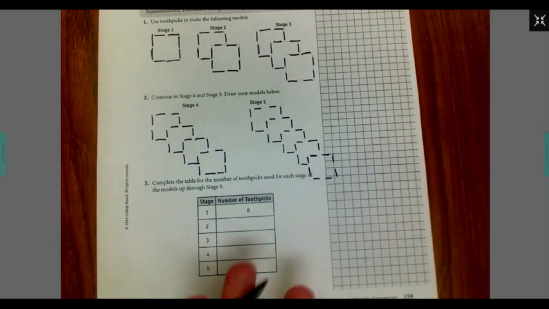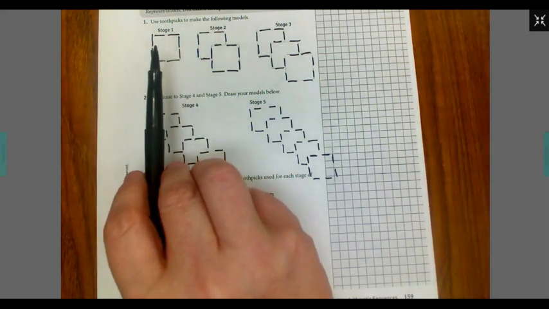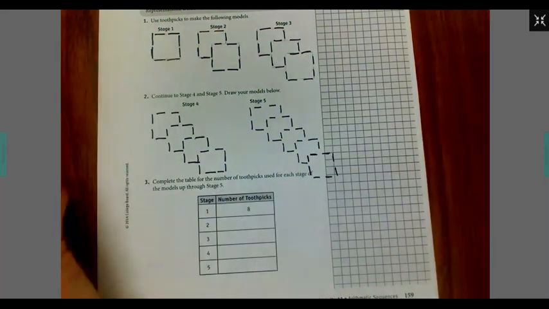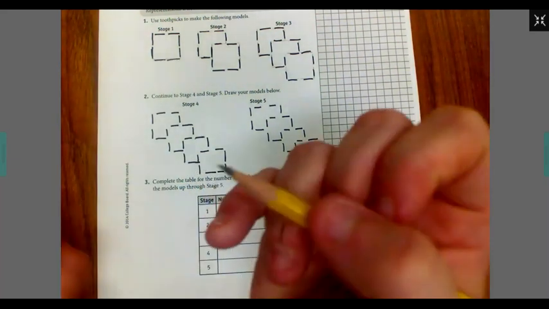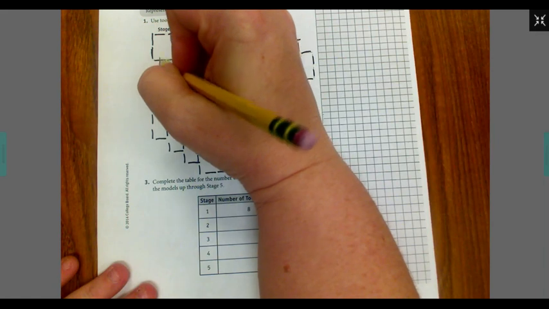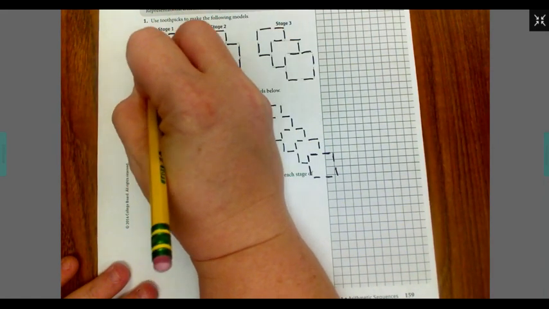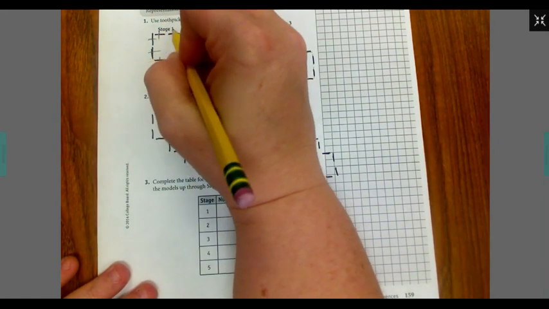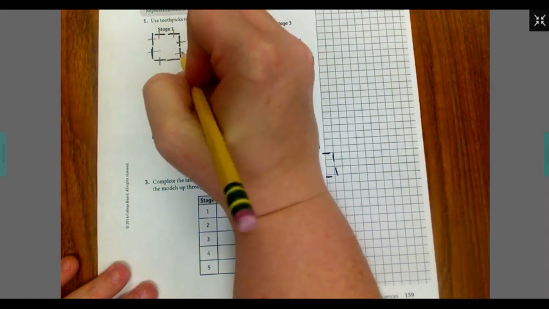After we lay these toothpicks out in this type of manner, it says complete the table for the number of toothpicks used for each stage of the models up through stage 5. So how many toothpicks were used here? Now recall that each one of these is an individual toothpick. So we have 1, 2, 3, 4, 5, 6, 7.